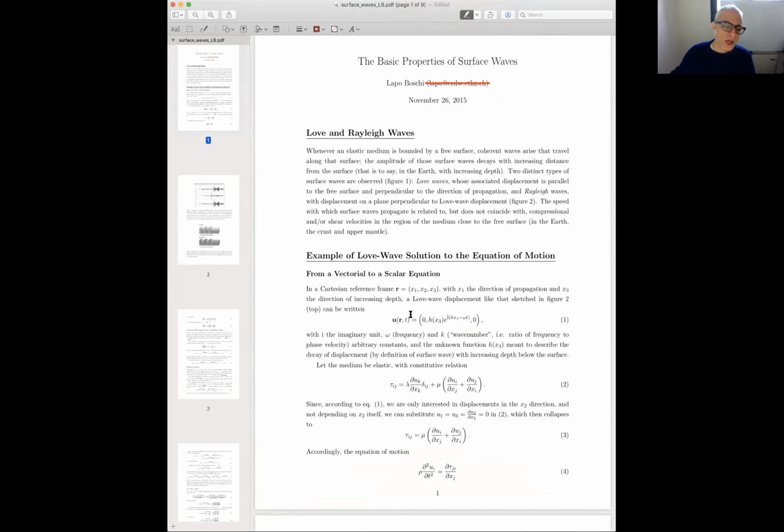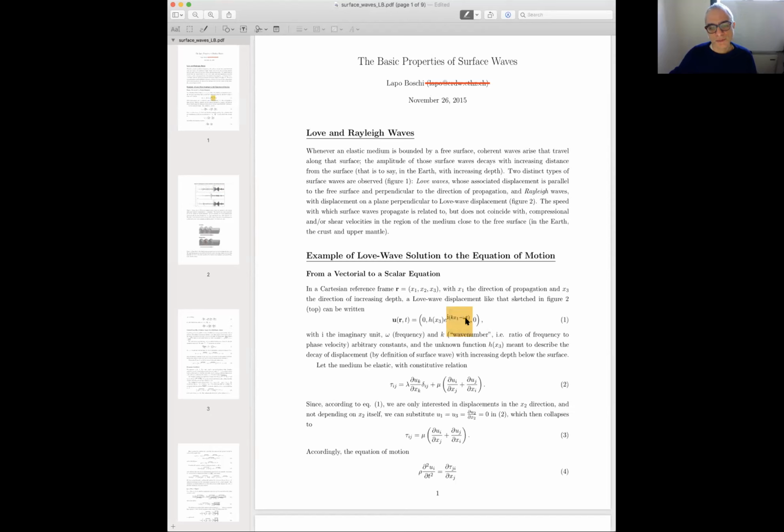So what's a love wave? A love wave is, if we put ourselves in a reference frame where the x2 axis is parallel to the direction of propagation, then the love wave is a displacement that propagates in time like a wave.